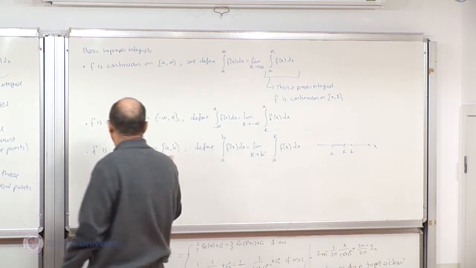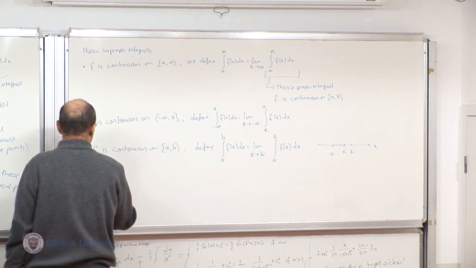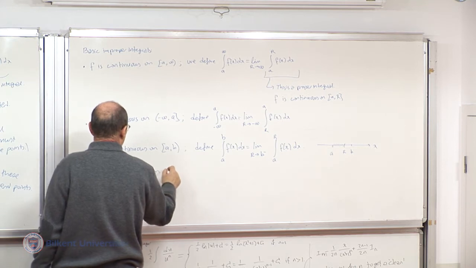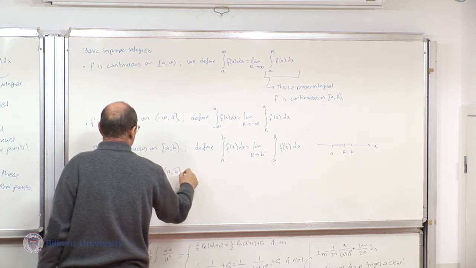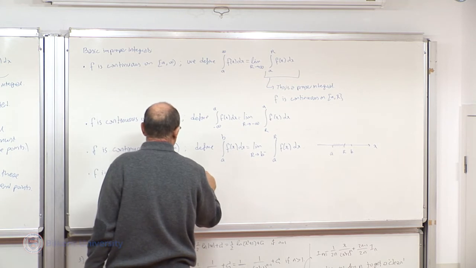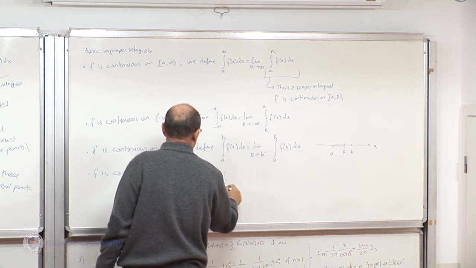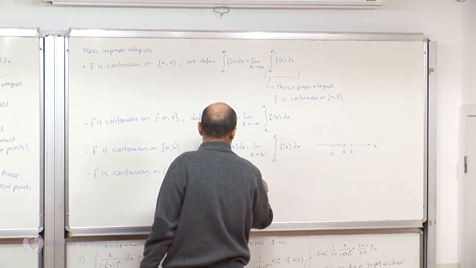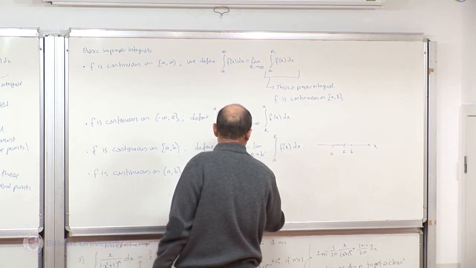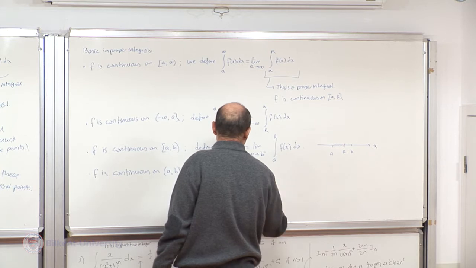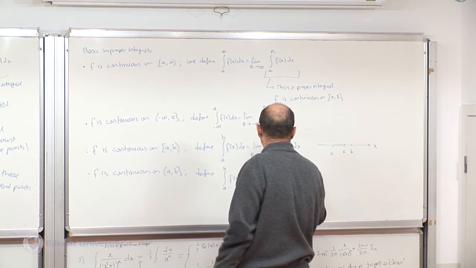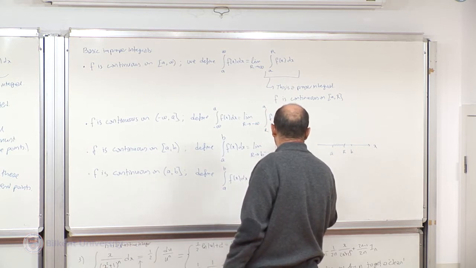And similarly, the other way around, f is continuous on (a, b]. So we define this integral from a to b of f of x dx as the limit as r goes to a from above of the integral from r to b of f of x dx.